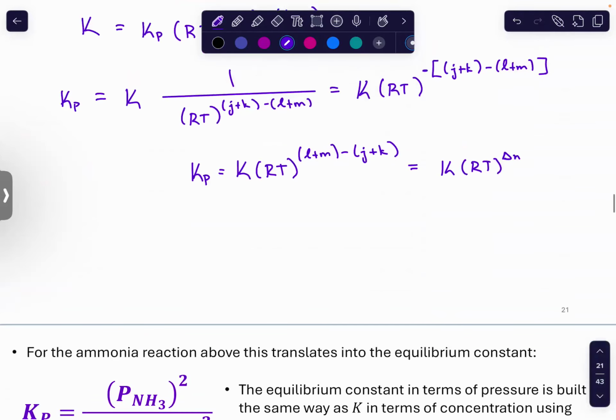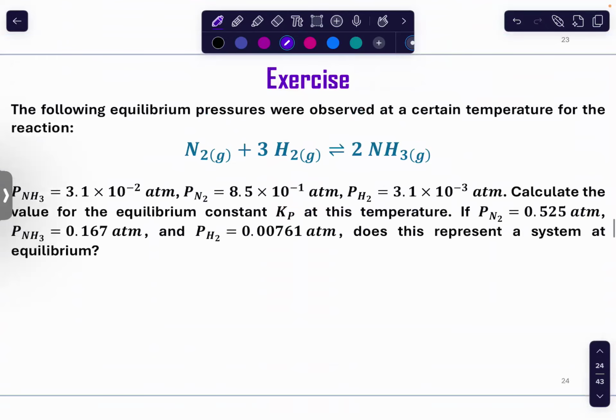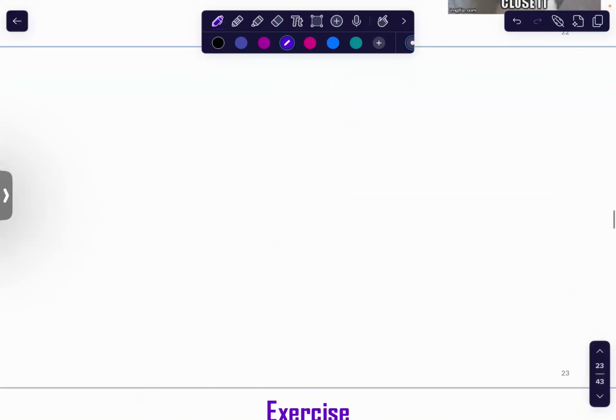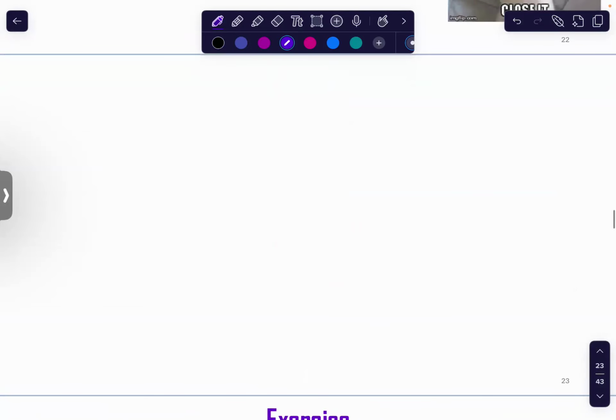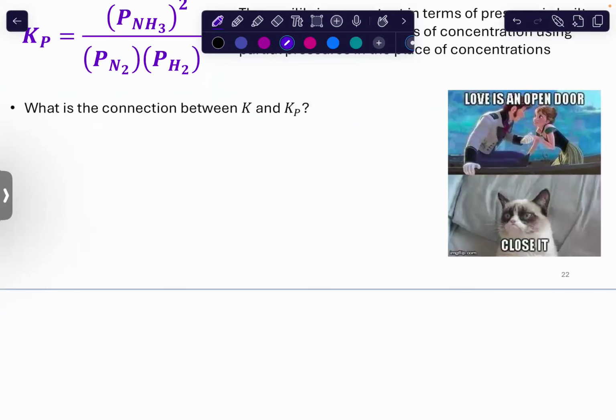And then you want to make sure you have this relationship down. It might make more sense if we look at an actual reaction, okay? So let me bring this reaction up here. I'm going to use the same reaction.